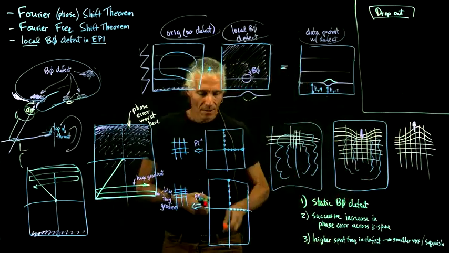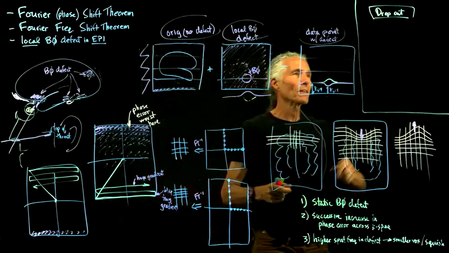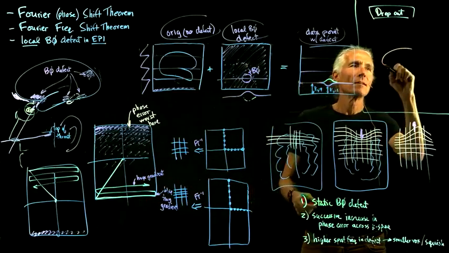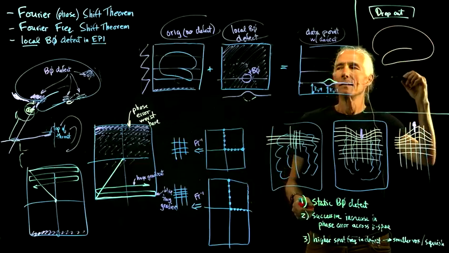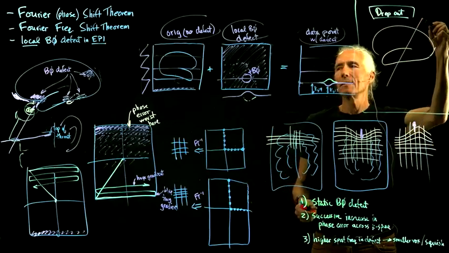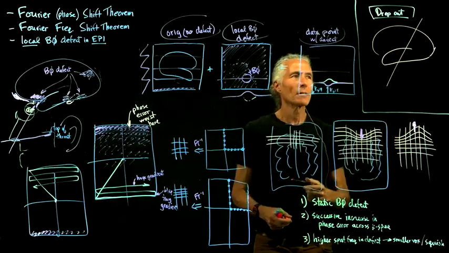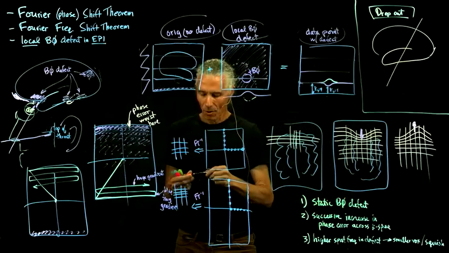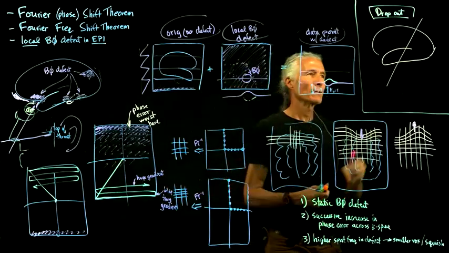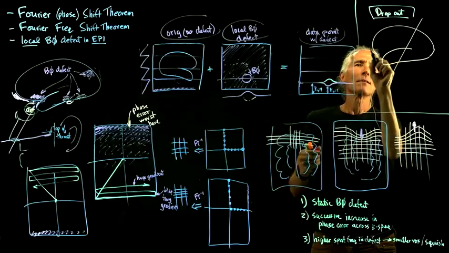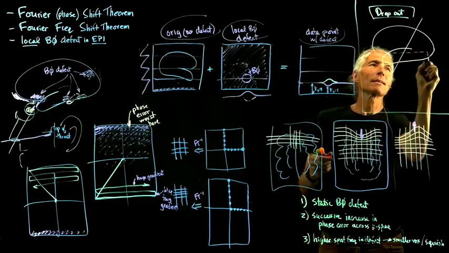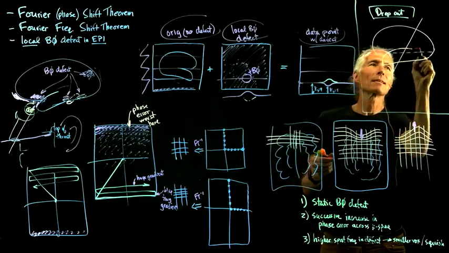So one thing that can happen is if we turn on a gradient with the goal to select a horizontal slice. So we turn on the gradient, and then we're hoping to select a horizontal slice like that. And how do we select that slice?